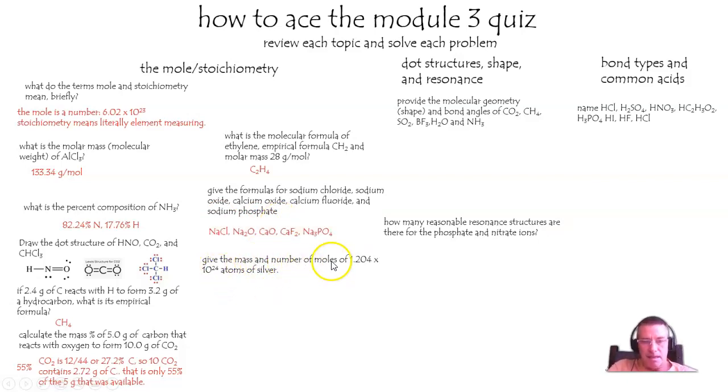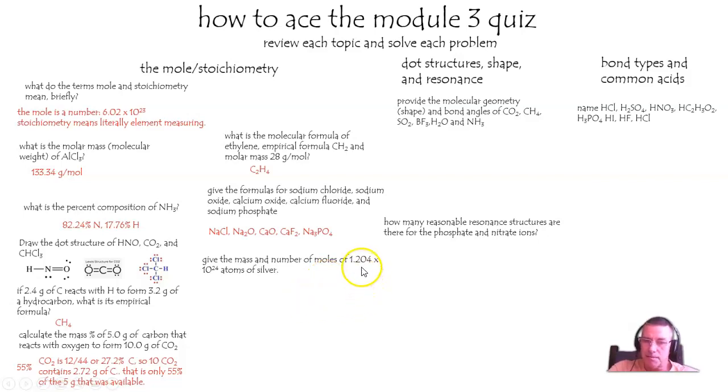Give the mass and number of moles of 1.204 times 10 to the 24th atoms of silver. Well, if it was 1 mole, then it would just be the average atomic mass that you look up on the periodic table, because that's what it gives you. So we need to see how many moles we have. Every time you have 6 times 10 to the 23rd atoms, that's a mole.